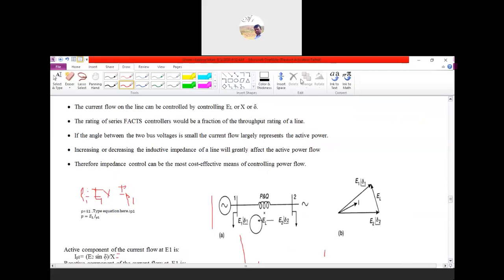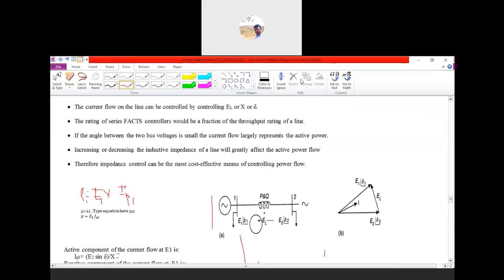For IP it is sin delta by x, and for reactive it is E1 minus E2 cos delta by x. So this is for E1.